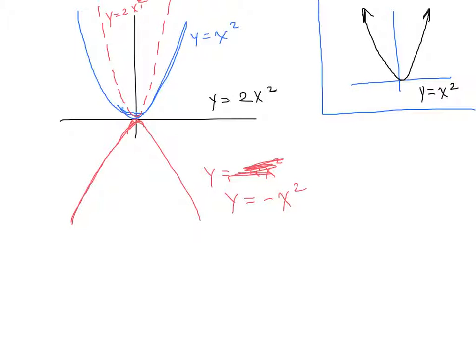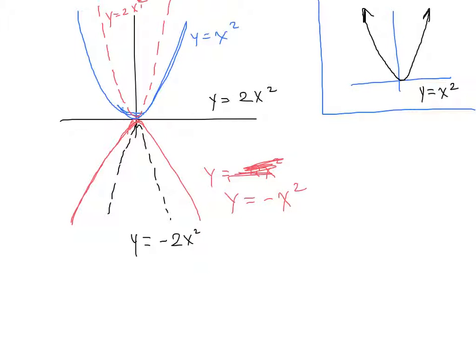Now, similar idea down here. If I flip that graph, it gets narrower and negative. So that's the graph of y equals -2x squared. So what then do you think would happen if, let's see, I wish I had another color here. Let's try and find one. Okay, we do.